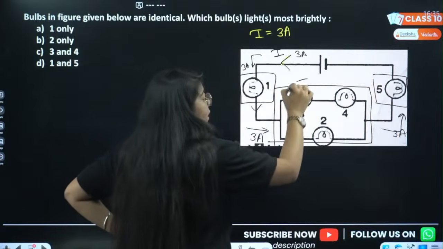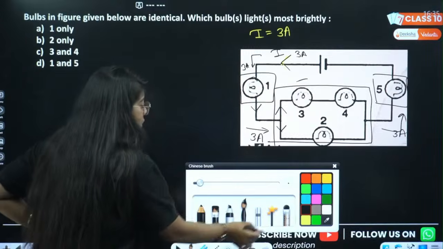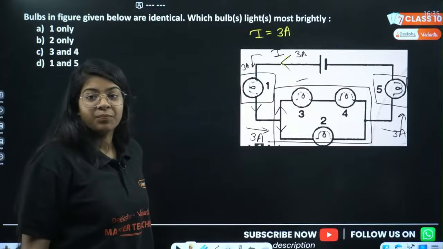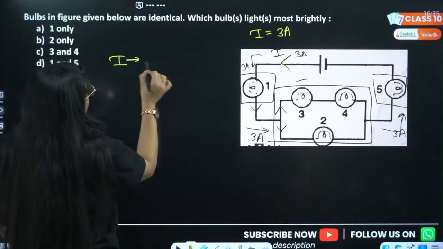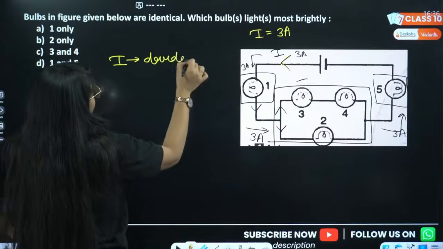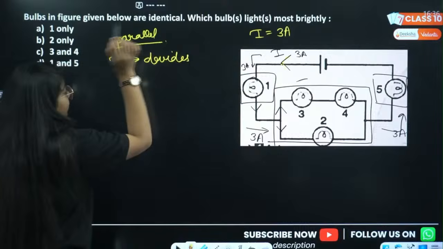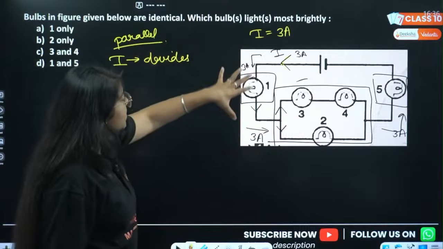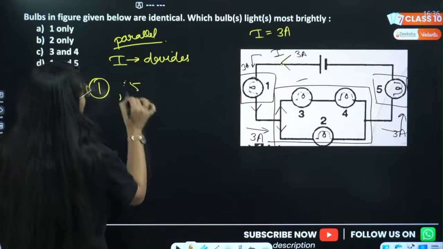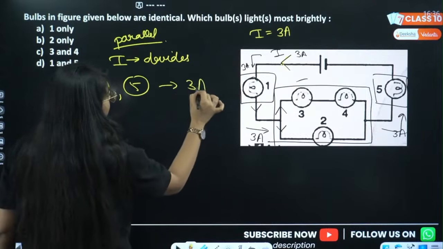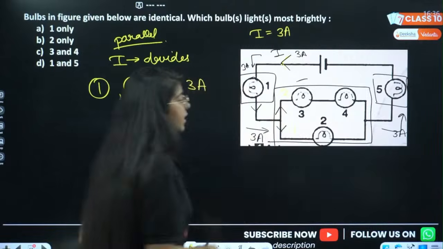That we know. But this is a parallel connection, and in a parallel connection we know that current divides. So here, for 1 and for 5 we are getting 3 ampere current. But in here it might happen that this gets 2 and this gets only 1.